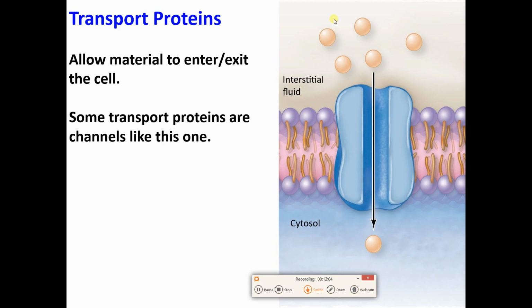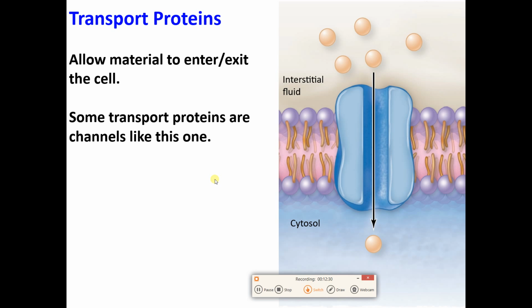Notice how they're moving from where there are more of them to where there are fewer of them. So they're moving down what's called a concentration gradient. Now transport is really benefited by these channel type proteins. As we're going to see, channel proteins are really crucial for hydrophilic things to get through the membrane.